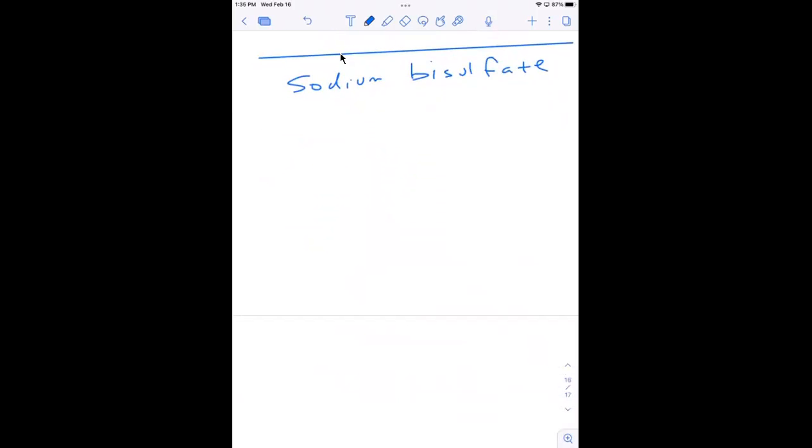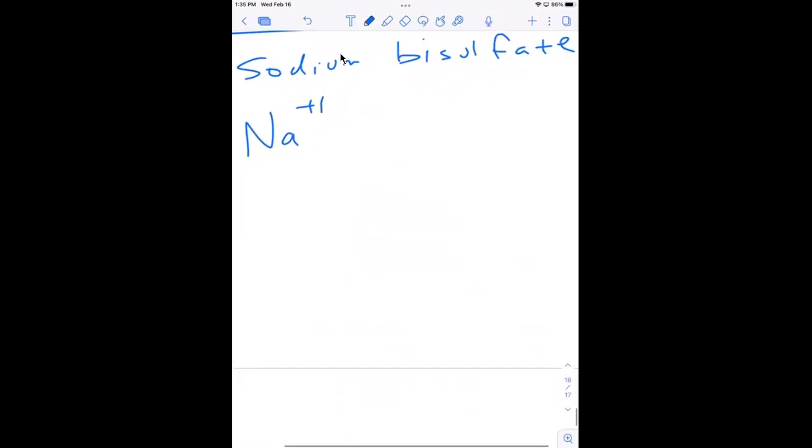Good, thank you. It's Na, and it's in group 1, so it's going to have a +1 charge. And then the bisulfate, what's the symbol for it based on that table with the polyatomics on it? It's the sulfate, so it's going to be an SO4 something.